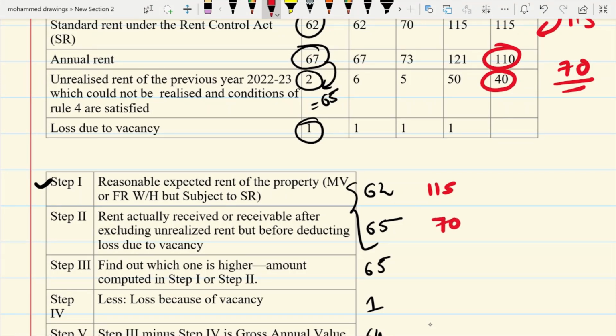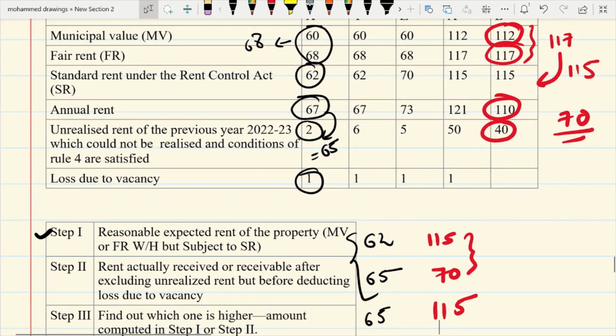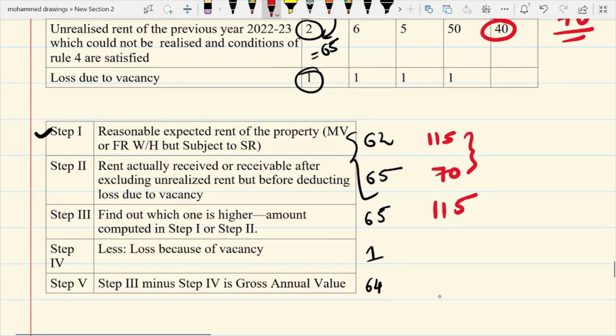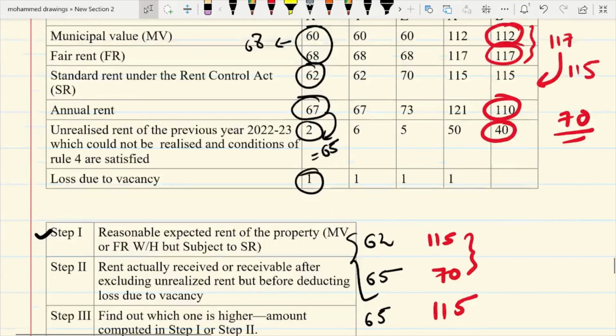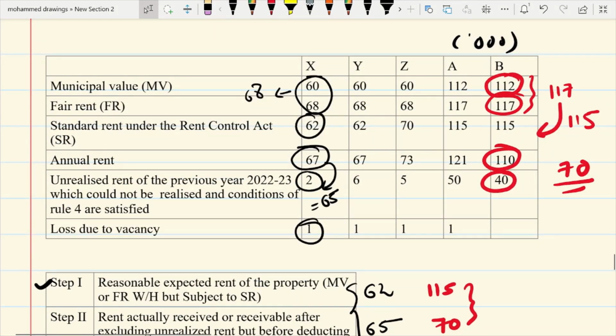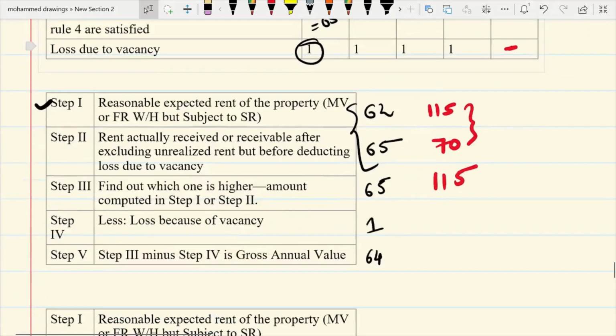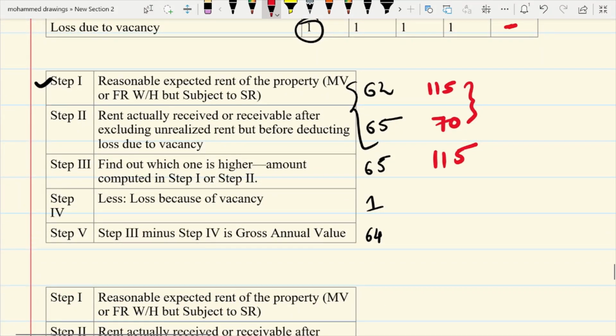Now step 1 or step 2, whichever is higher: 115, the first step answer, so that becomes your answer for the third step. Now you have to deduct loss because of vacancy. Here it is not given, a dash is given, so you don't have to deduct it and you put nil. Your answer in this case is 115.